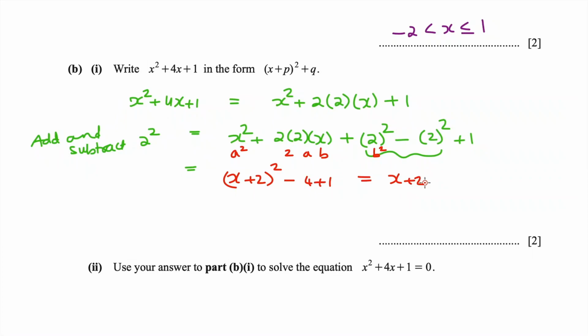This is x plus 2 whole square minus 3, and so x square plus 4x plus 1 is equal to x plus 2 whole square minus 3.